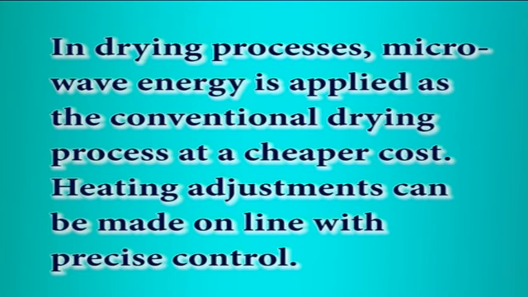Energy is not used in heating the wall of the apparatus or the environment. Energy is developed where it is needed, that is, in the material being processed. In drying processes, microwave energy is applied as a conventional drying process at a cheaper cost. Heating adjustments can be made online with precise control.